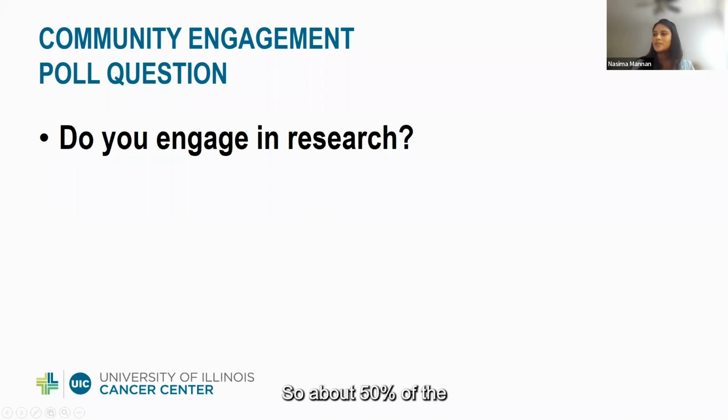So about 50% of the attendees here engage with research and with the community, and another about 57% engage with research, and 43 does not.